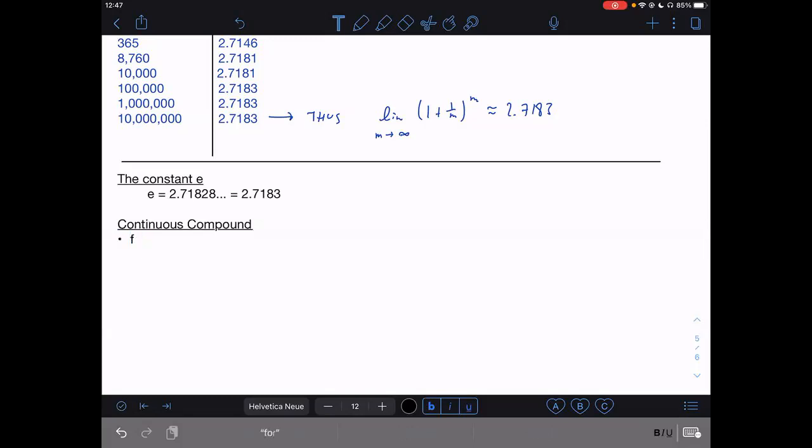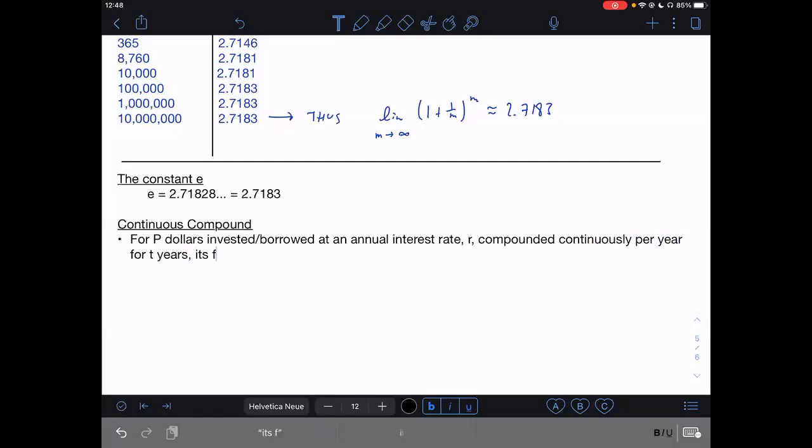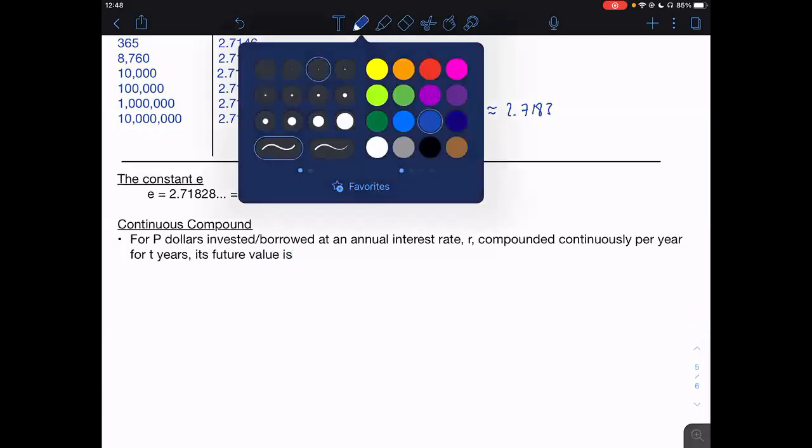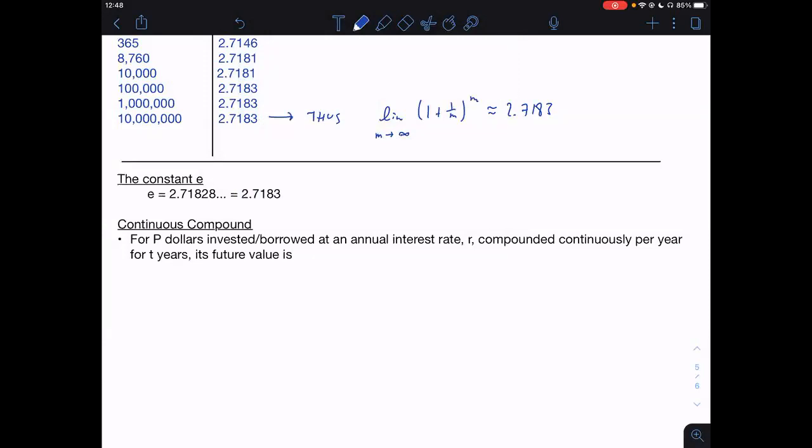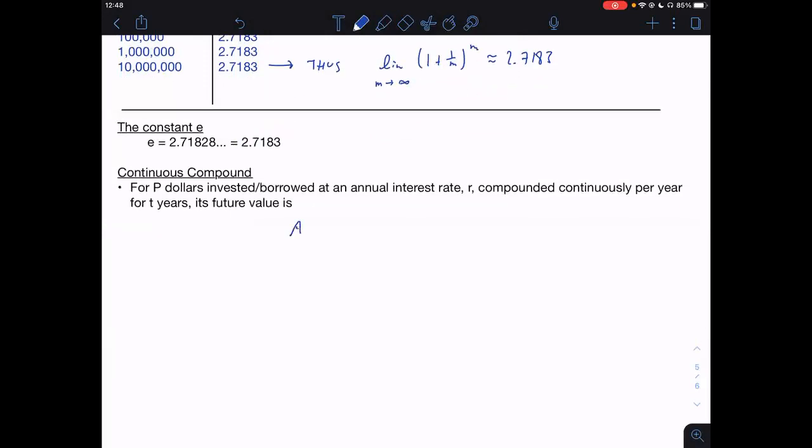For an initial investment of P, so once again we're using P here, for P dollars that are invested or borrowed at an annual interest rate of R, but in this case this interest rate is being compounded continuously throughout each year for T years, then its future value is calculated using the following equation: A equals P times e to the RT.